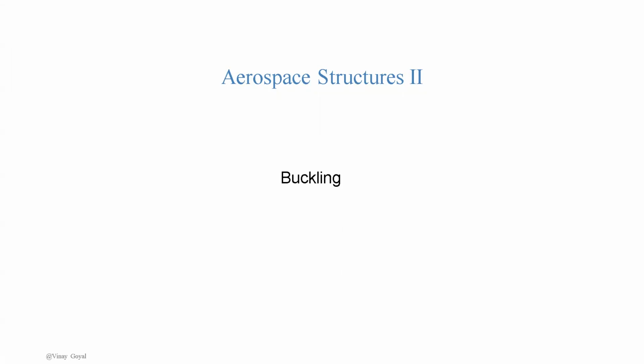Those type of components can buckle when loading is applied. And so the idea there is then to study that a little bit more and really understand how to predict it very well. So in today's lecture, we'll be covering how to do this in actual application, how to predict buckling in actual application.